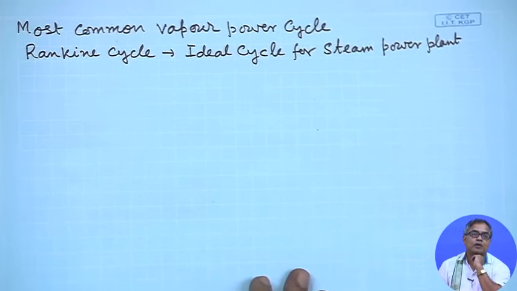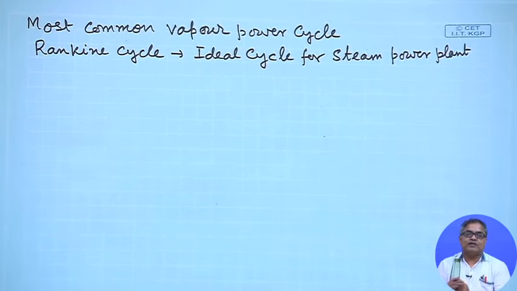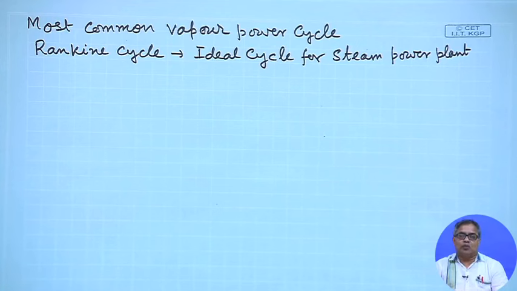So, first we like to discuss the most common vapor power cycle, that is Rankine cycle, which is ideal cycle for steam power plant.